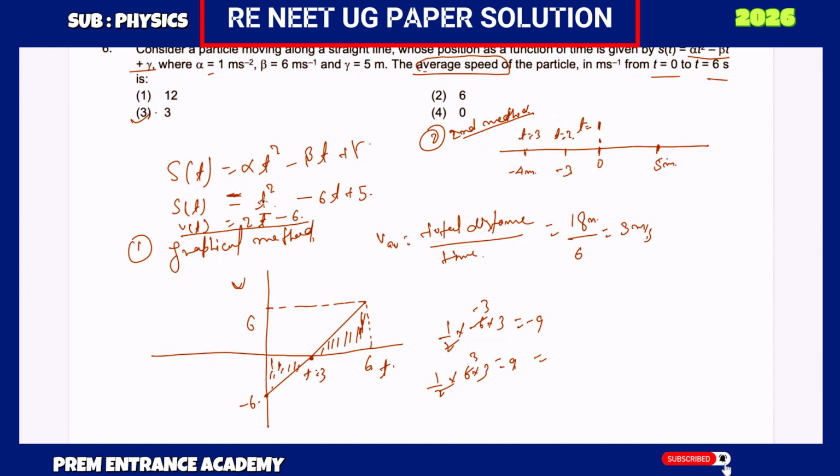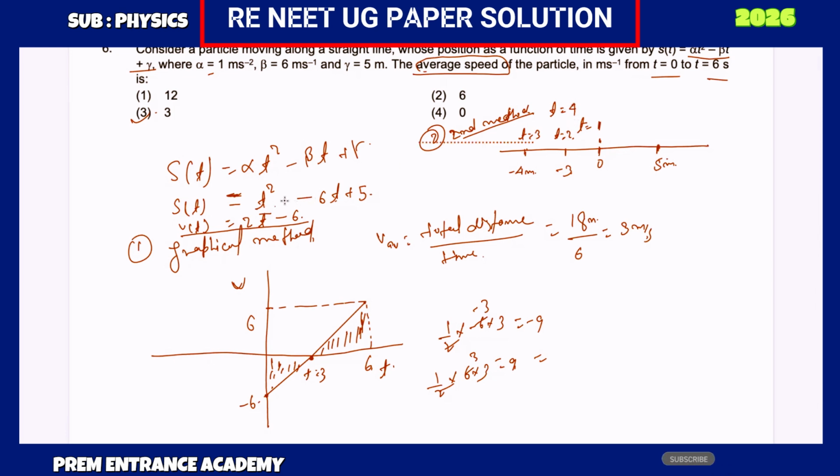Putting t = 4, it is 16 + 5 = 21, minus 24. That will be −3. This means the particle is again at −3 at 4 seconds.